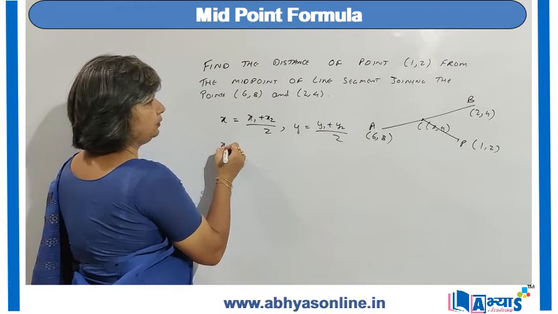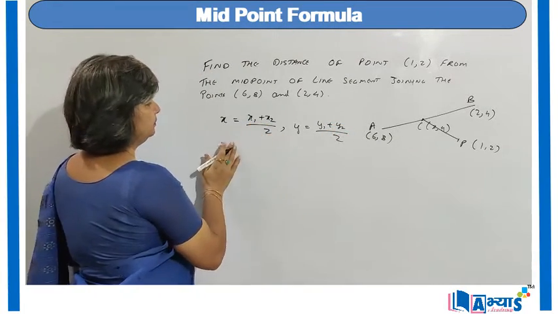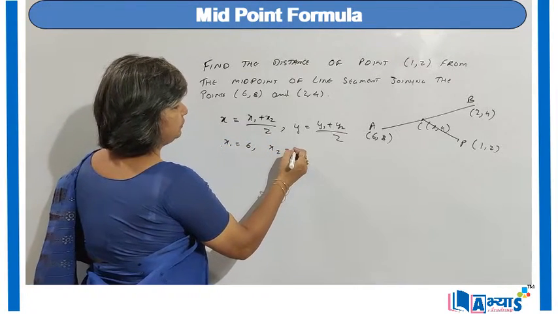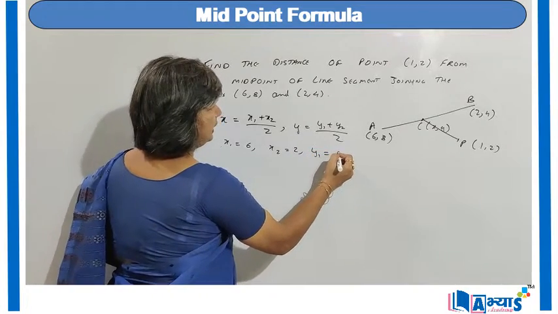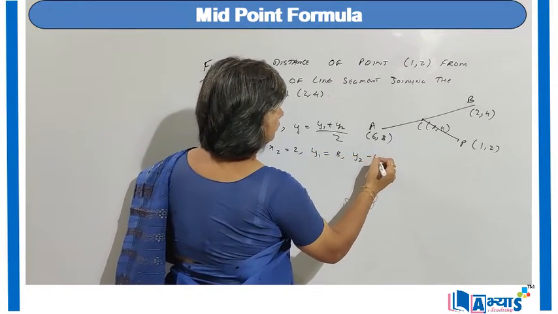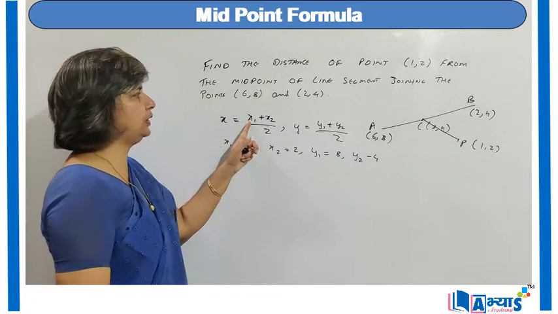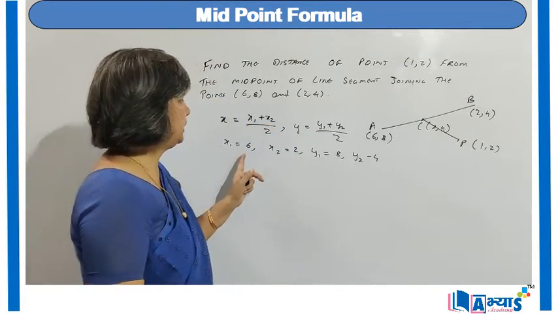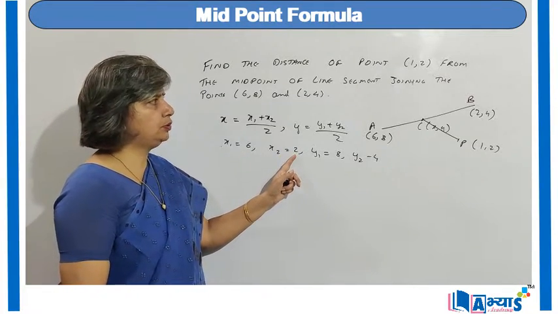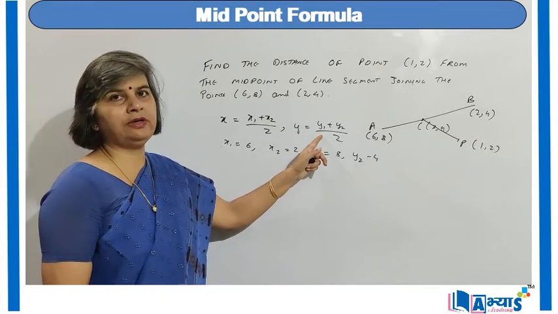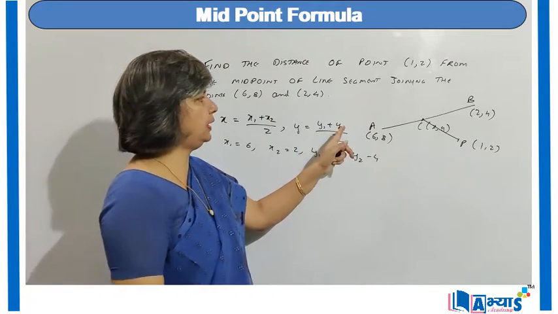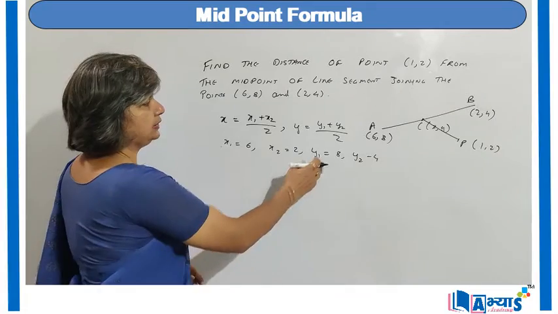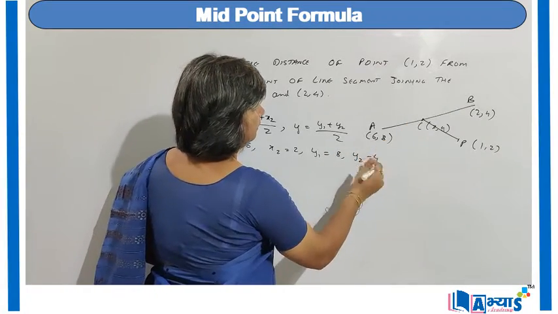Now x1 is 6, x2 is 2, y1 is 8 and y2 is 4, because x1 is the x coordinate of A and x2 is the x coordinate of B. Similarly, y1 is the y coordinate of A and y2 is the y coordinate of the point B.